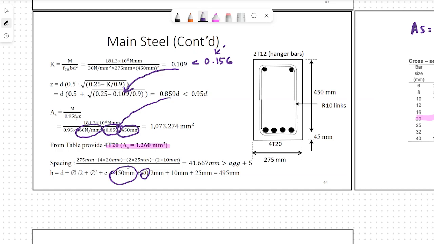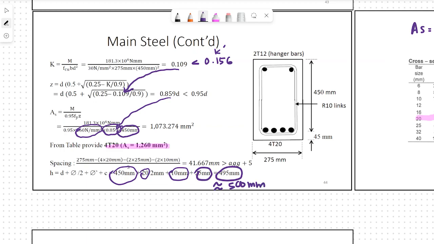Sebab tadi kita select 20 mm diameter kan. Bagi 2 plus dengan the shear reinforcement or link diameter and plus with the concrete cover. Then you get the 495. You can use 495 ataupun kita boleh round up to 500 lah.